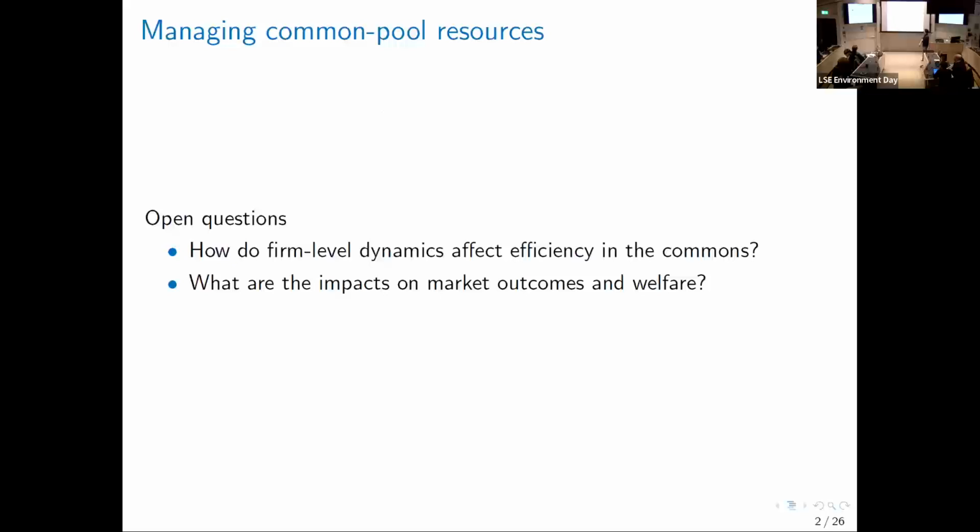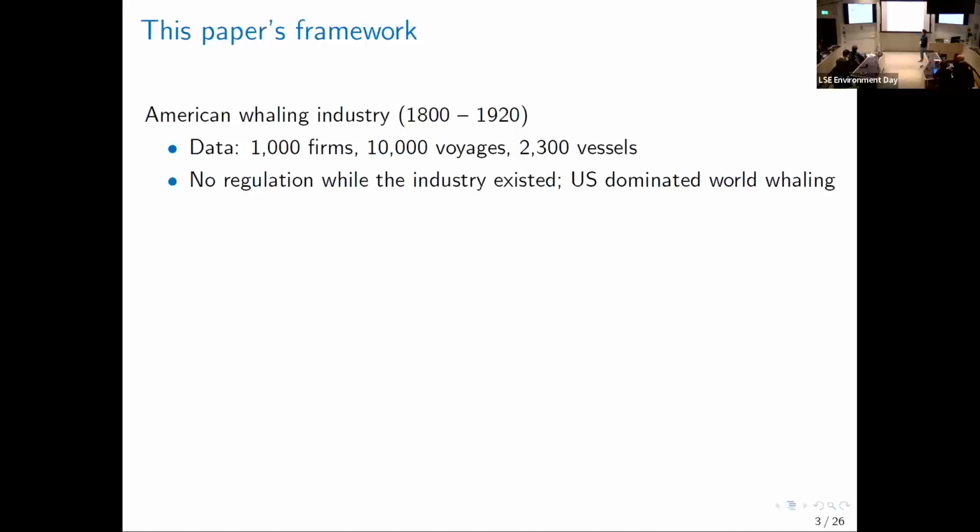The question of this paper is how firm-level dynamics affect efficiency in the commons. And then I ask what are the impacts on market outcomes and welfare. To answer the question, I studied the American whaling industry from 1800 to 1920.